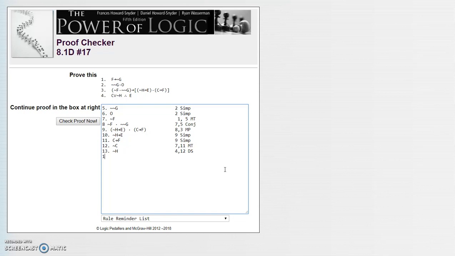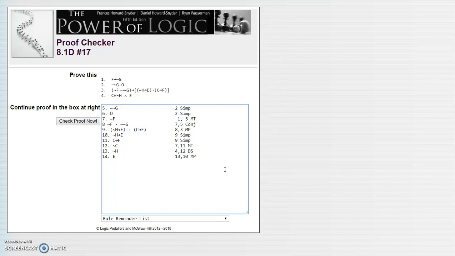And now we've got the not H that we can use with the if not H then E from line 10, and that will give us E. That'll be 13, 10, and modus tollens. I'm sorry, not modus tollens, that's modus ponens.